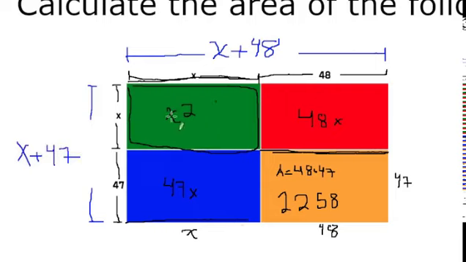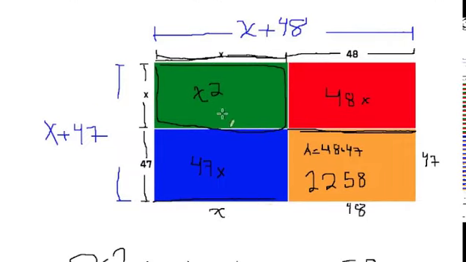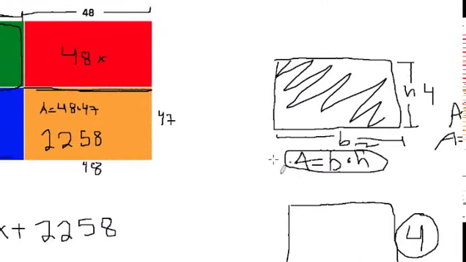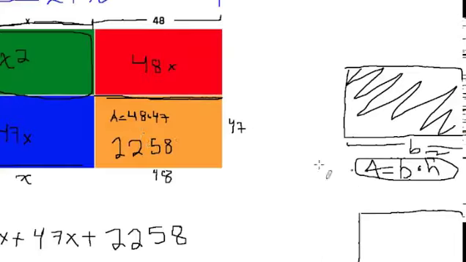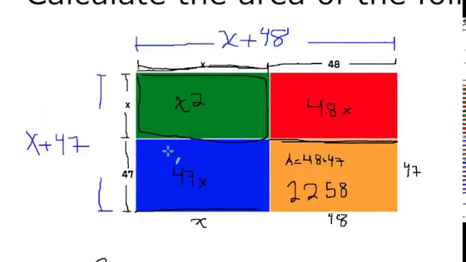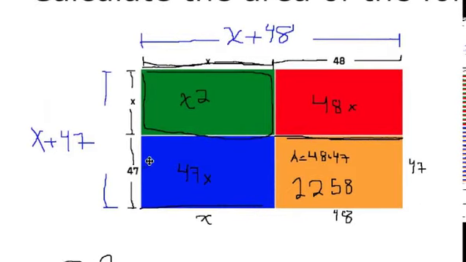So the height is x plus 47, and the base is x plus 48. We can get the area very easily with the formula for the rectangle, for this big rectangle, without doing the little rectangles.